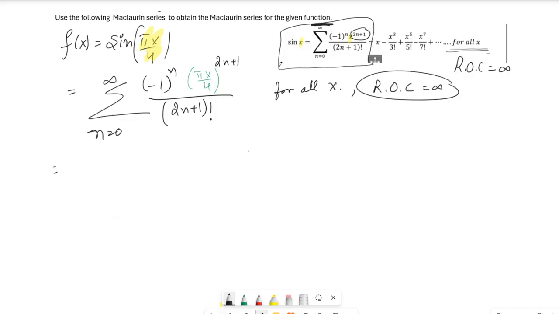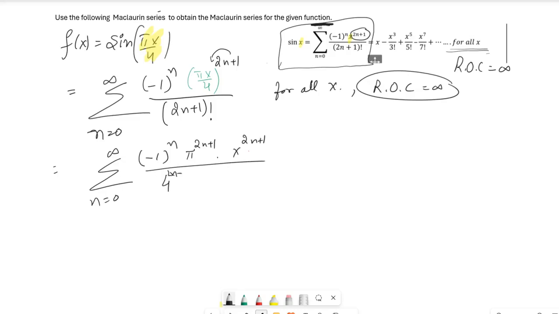We are almost done. We just need to put the powers together. So pi power 2n plus 1 times x power 2n plus 1, divided by 4 power 2n plus 1, which comes here in the denominator, times 2n plus 1 factorial.